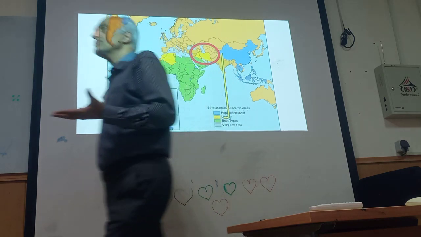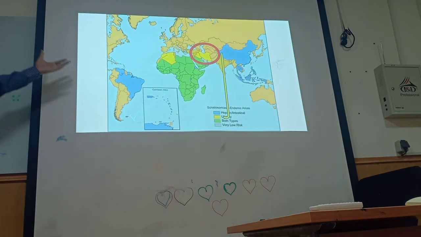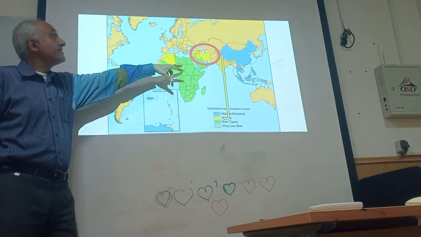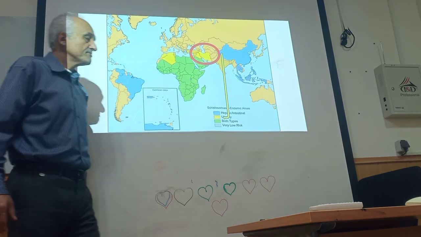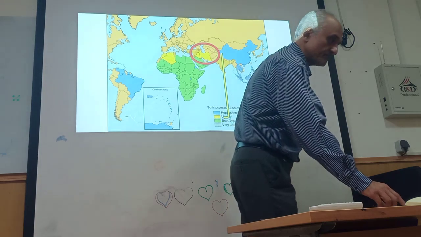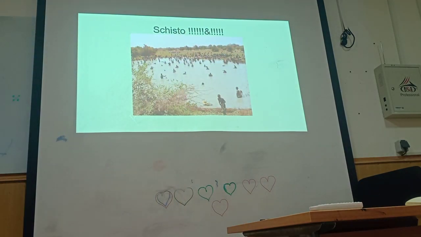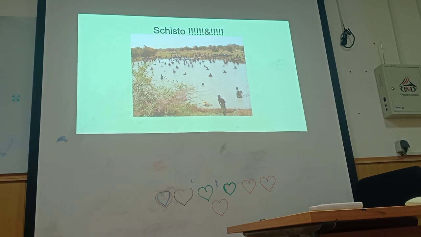Yes, this is the picture. Clearly, you can see that Morocco is eliminated, and this is Iran and Iraq. By this picture, if somebody asks you, can you tell me what parasitic infection is at high risk here?